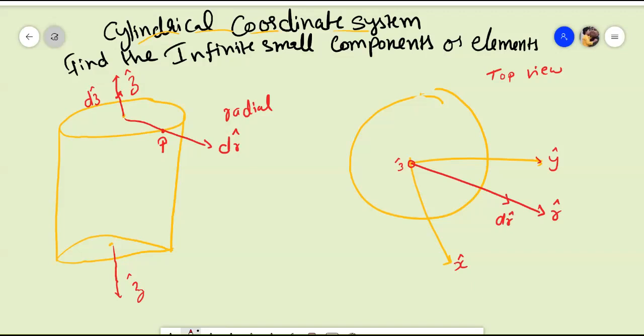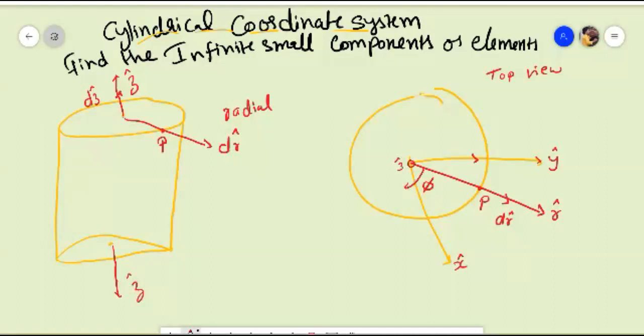This R cap will make an angle phi with the x direction. If we know our point P along the r direction, and this angle phi with the x direction, then we can also find the component along the y direction.